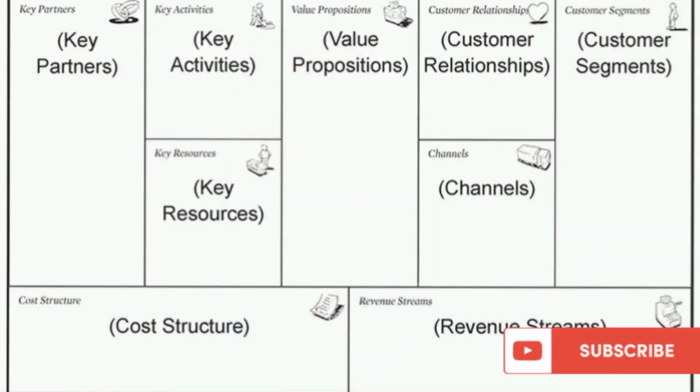So 9 blocks. Now before I get into the 9 blocks proper, I also want you to know that this framework is like a blueprint of everything about your business, and also a blueprint of the strategy that you intend to implement in that organization. So that's what business model canvas is all about.